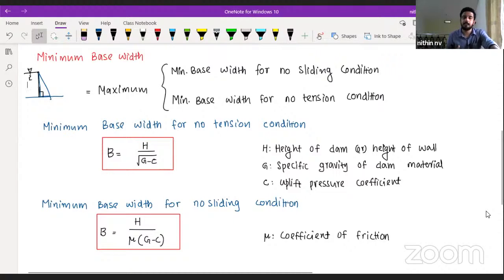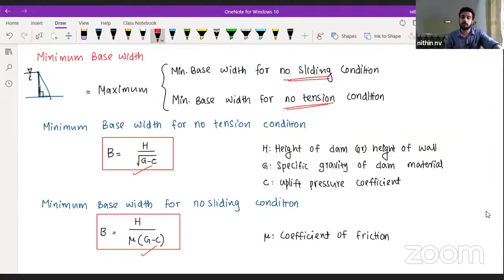As we have already said, if they are asking some minimum value and if we have more than one equation, we are going to take maximum of those value, which will be our minimum value. Properly you have to study separately. For no sliding condition, what is the equation? For no tension condition, what is the equation?